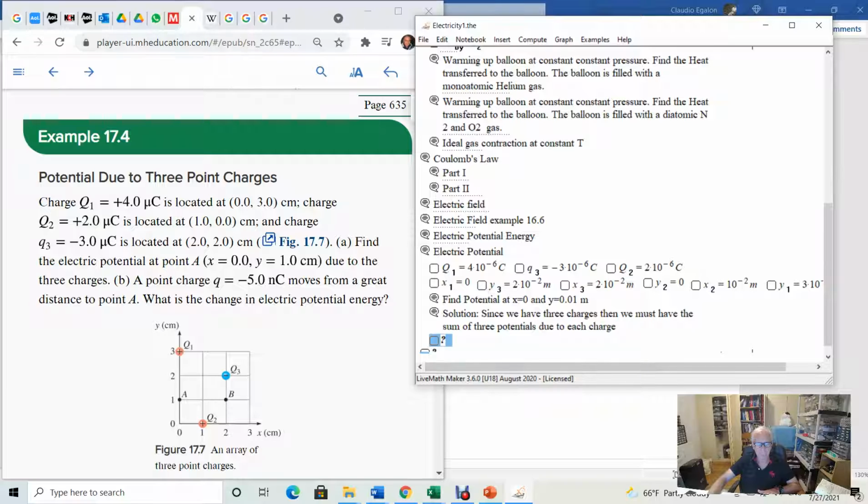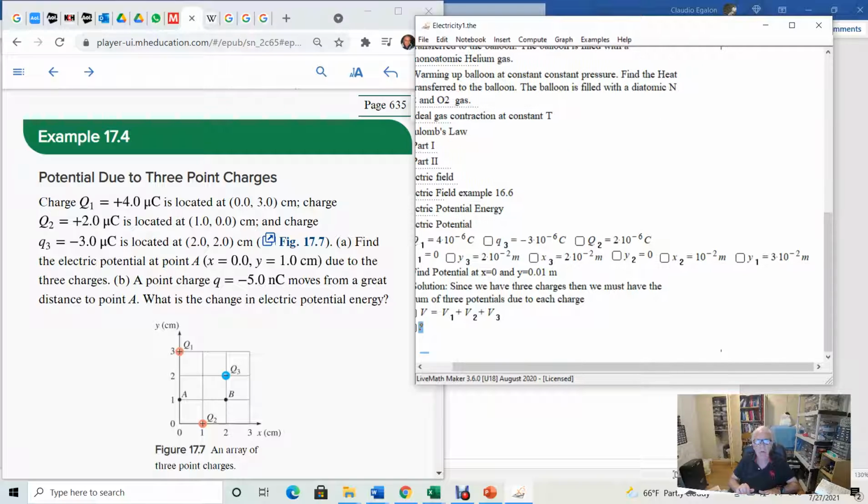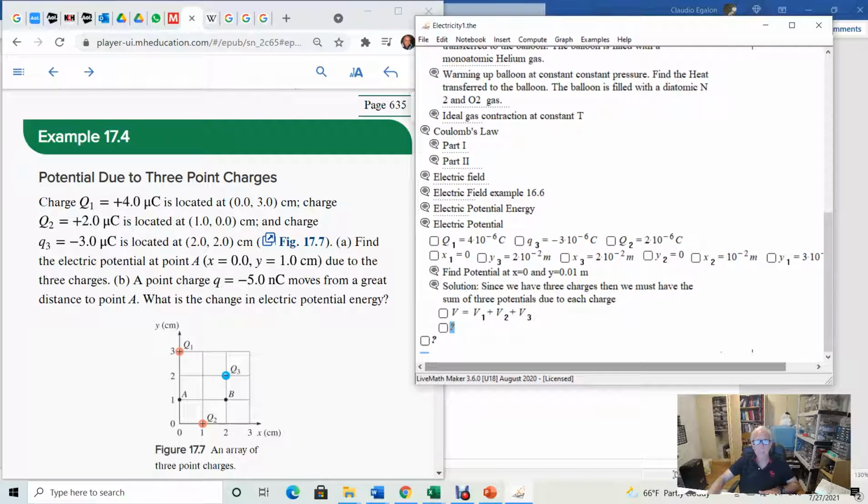So at that spot, V is equal to the potential due to the first charge, plus the potential due to the second charge, plus the potential due to the third charge. The equation is similar for each, but the distances and the values are going to be different.